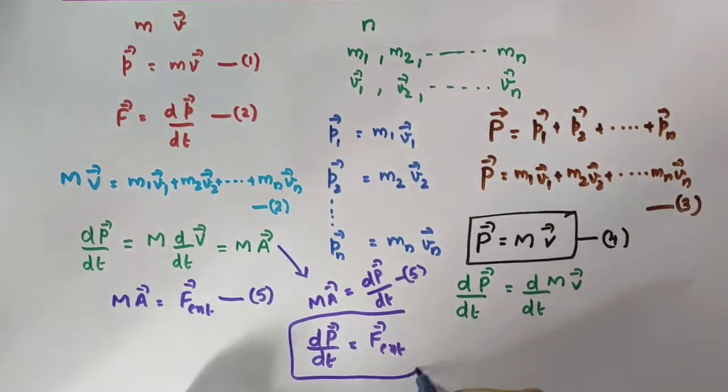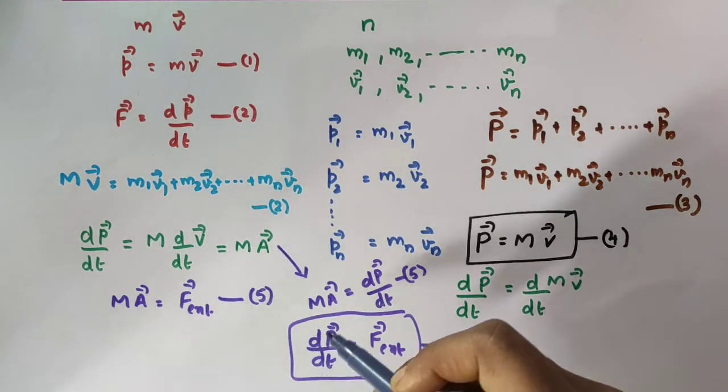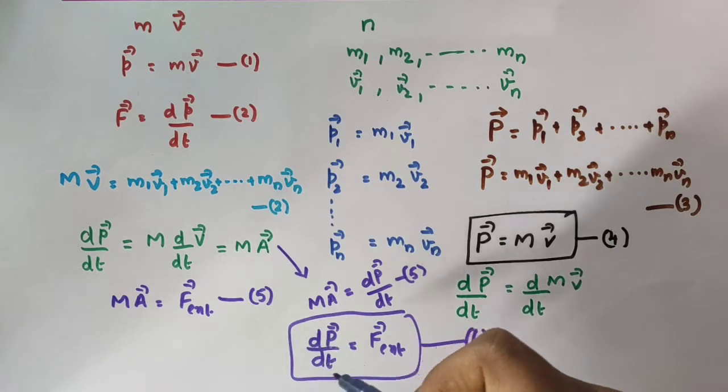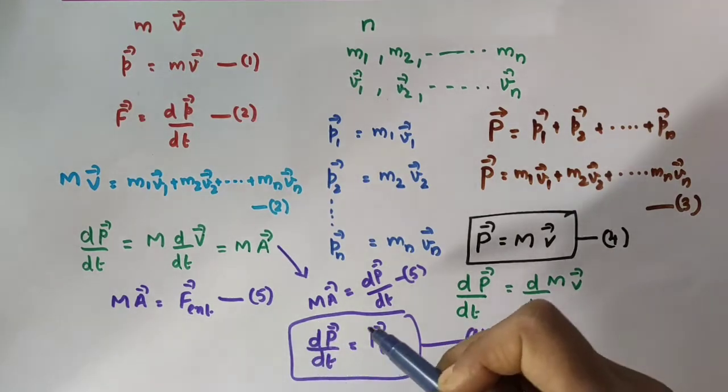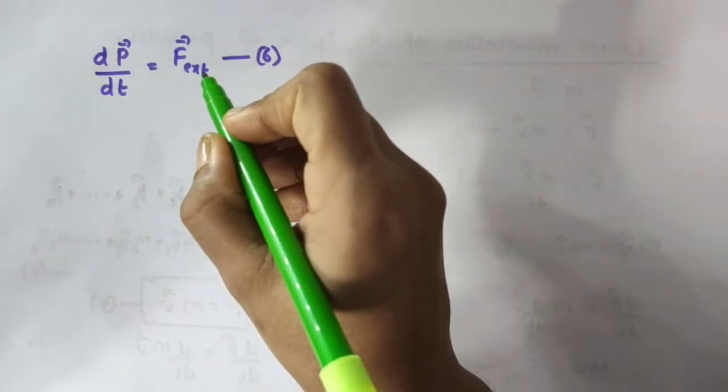I am taking this as equation number 6. That is, the rate of change of momentum of a system of particles is equal to the net external force on the system. So we got equation number 6 like this.